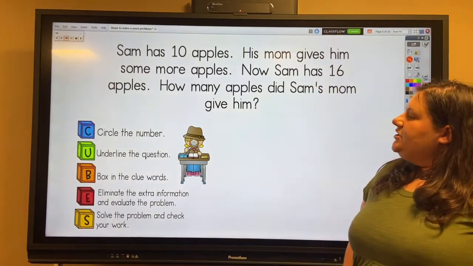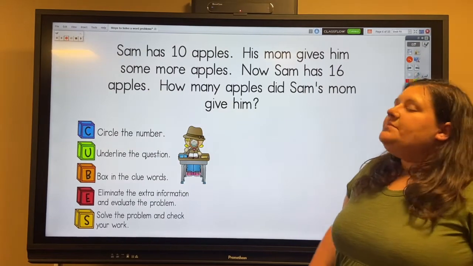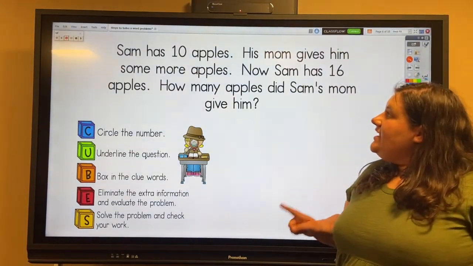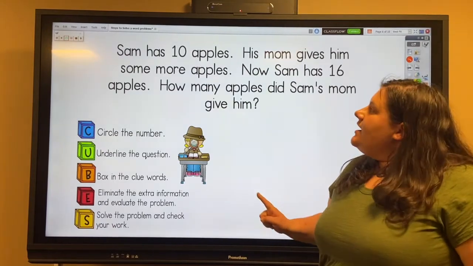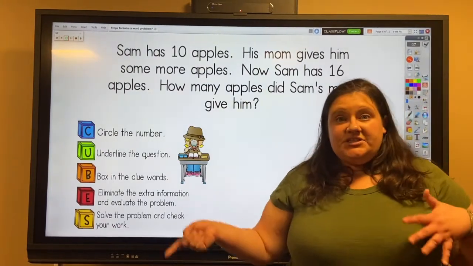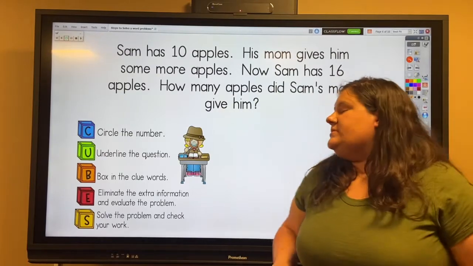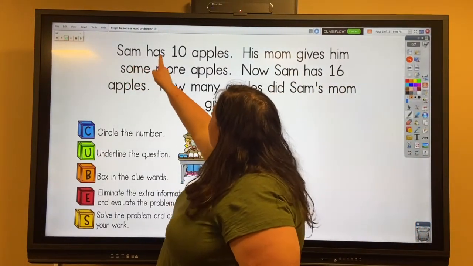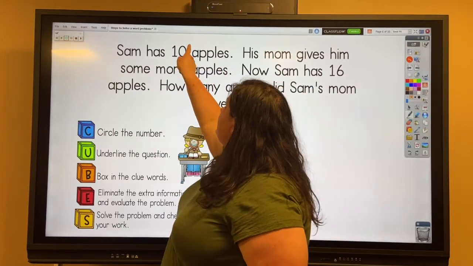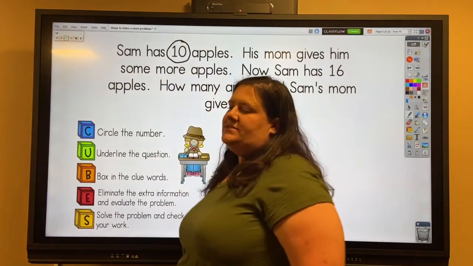So the first step in cubes is to circle the number. So I'm going to go back over the word problem again, and as I'm reading, I'm going to circle whatever number words I see. Now, my number words can be in digits, but they can also be in word form, boys and girls, so it's important to pay attention. So it says, Sam has 10 apples. Well, there's the number 10, so I'm going to circle that.